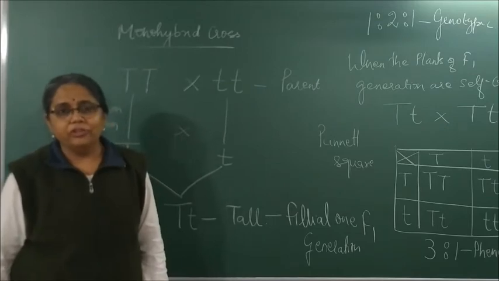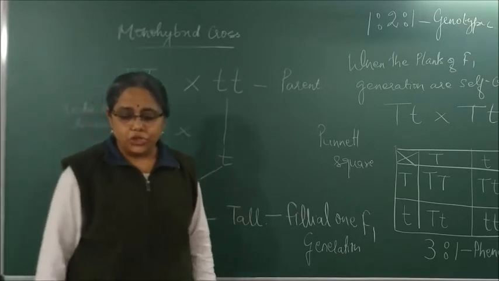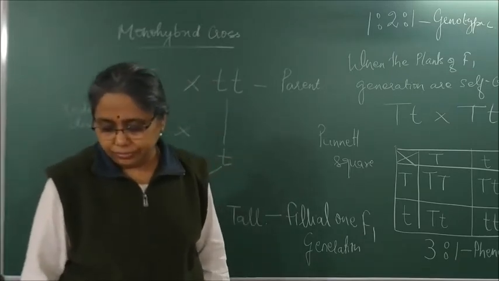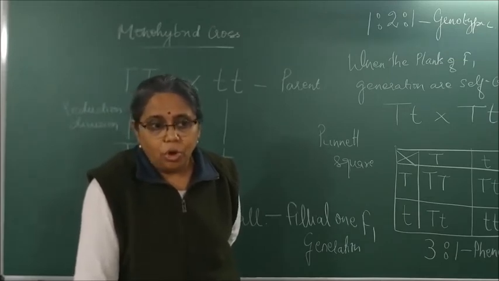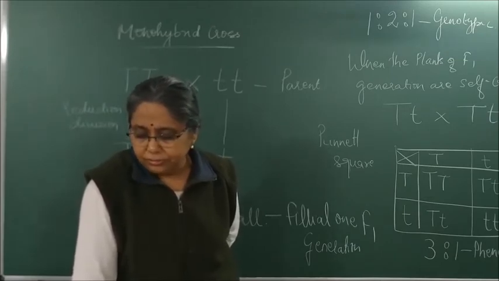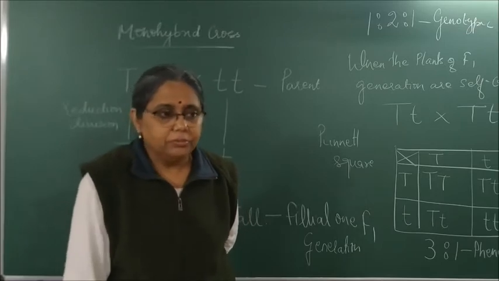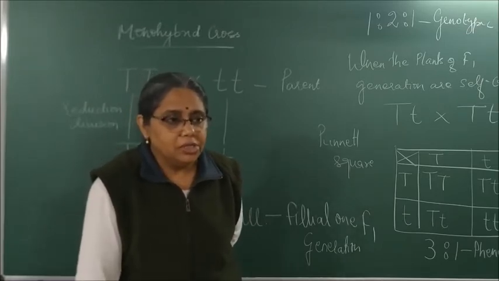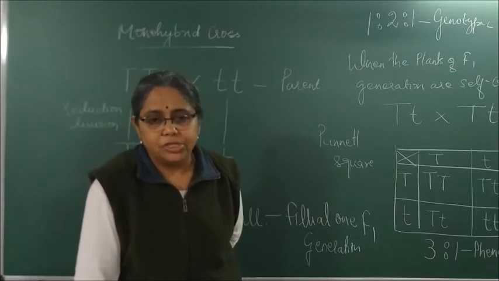F1 generation means first generation, or filial 1 generation. Okay, this shows that tallness is dominant over dwarfness.